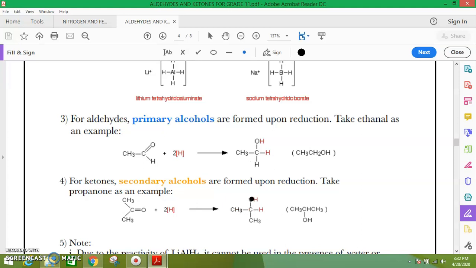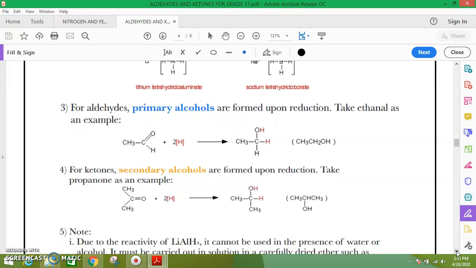CH3, C, OH, H, then CH3: CH3CHOHCH3. It has carbon atoms on both sides, and the carbon connected with the hydroxyl group has only 1 hydrogen. If only 1 hydrogen, we call it a secondary alcohol.